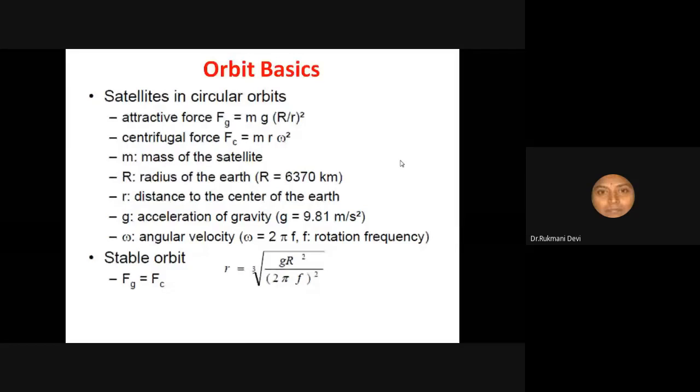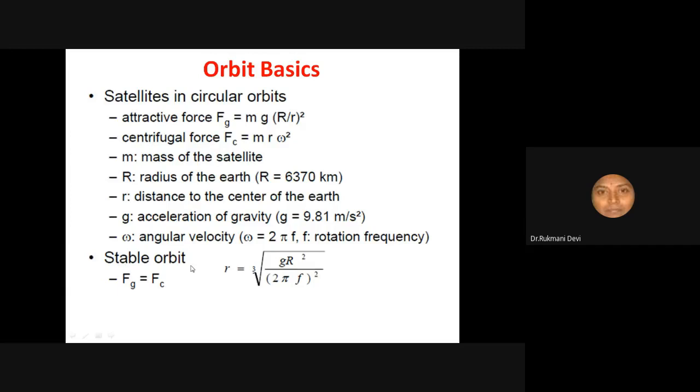Satellites in circular orbits. The attractive force Fg is equal to mg times R squared divided by r squared. The centrifugal force Fc is equal to m r omega squared. m is the mass of the satellite, capital R is the radius of the Earth, 6,370 kilometers, small r is the distance to the center of the Earth, g is the acceleration of gravity, omega is the angular velocity, and f is the rotation frequency.